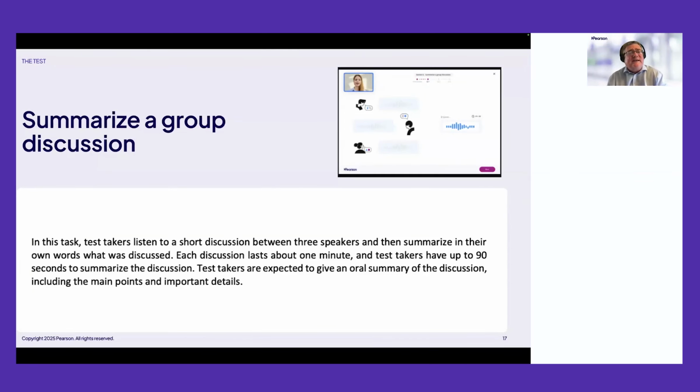What are the points they're trying to make? So we have this mixture between the longer tasks and the shorter tasks, but the focus again is primarily on the ability to understand and the ability to produce language which has appropriate pronunciation, fluency, and is also comprehensible.